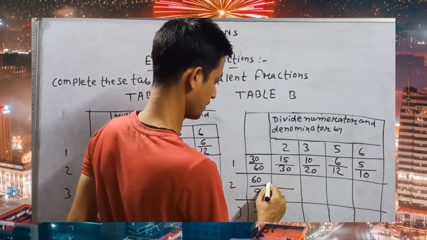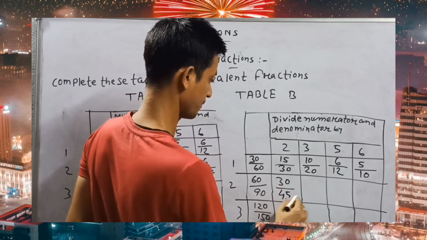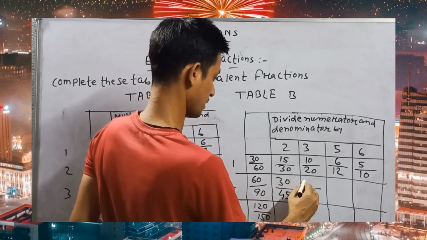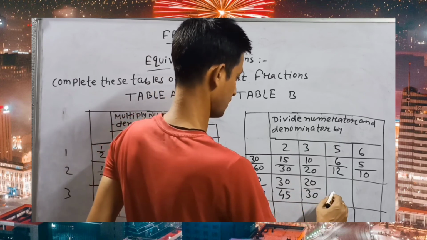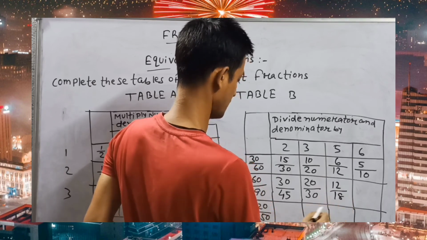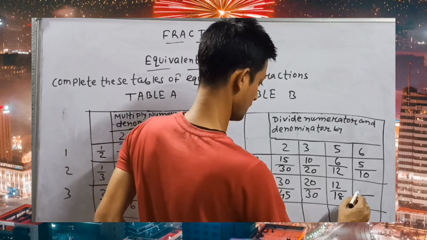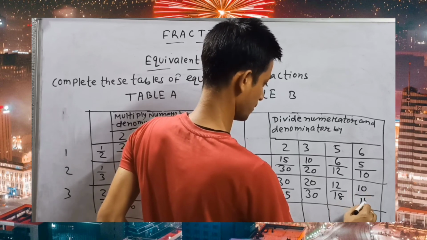Now here divided by 2, 30, 45. Here 20, here 30. Here 12, here 18, here 10, here 15.